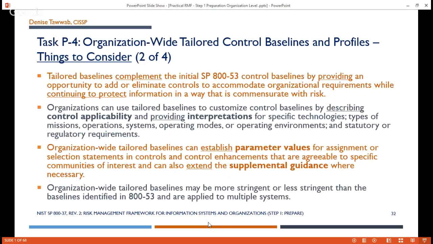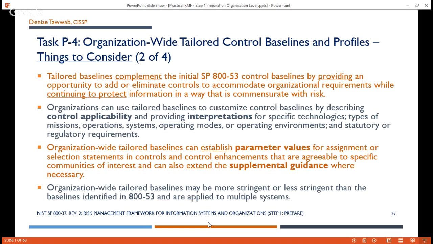All right, tailored baselines complement the initial 800-53 control baselines by giving you an opportunity to add or eliminate controls to accommodate requirements within your organization while continuing to protect the information in a way that is commensurate with risk, which is what the risk management framework is all about.